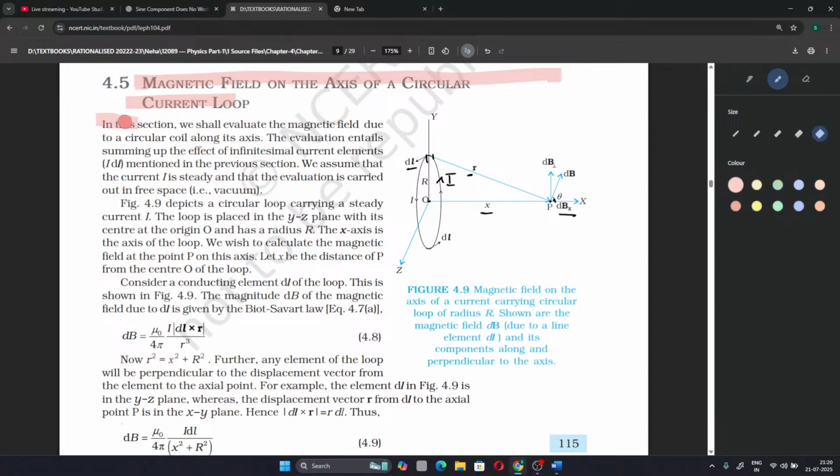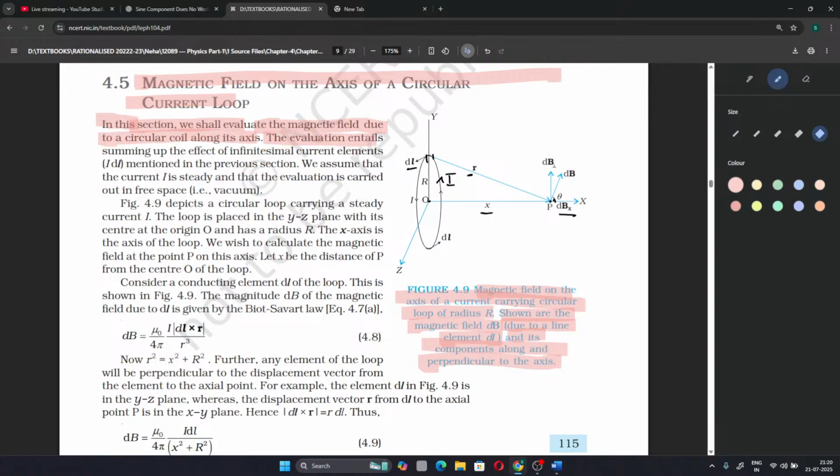Let's see the diagram. Magnetic field on the axis of the current carrying loop of radius r. Shown are the magnetic field dB due to a line element dl and its component along and perpendicular to the axis. In this section, we shall evaluate the magnetic field due to a circular coil along its axis.